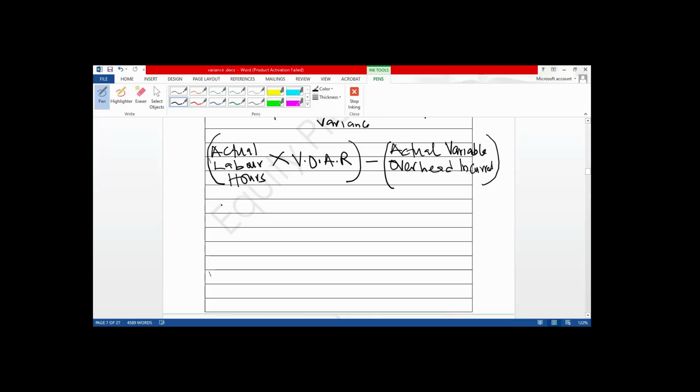We also have number 2, variable production overhead efficiency variance. This variance is to measure efficiency.